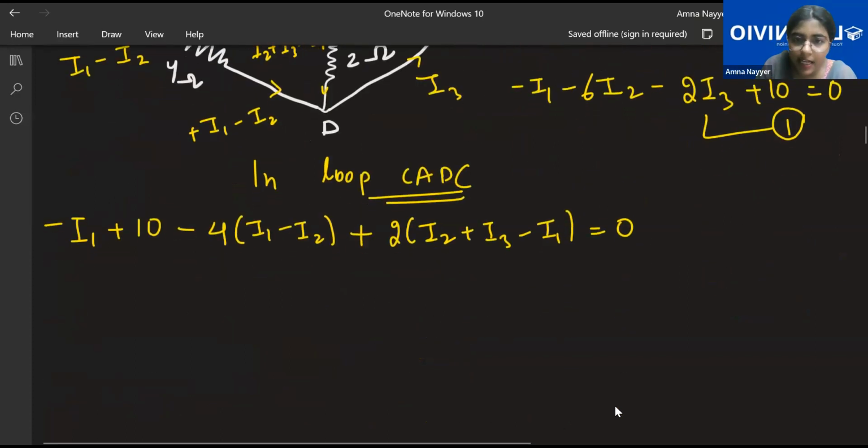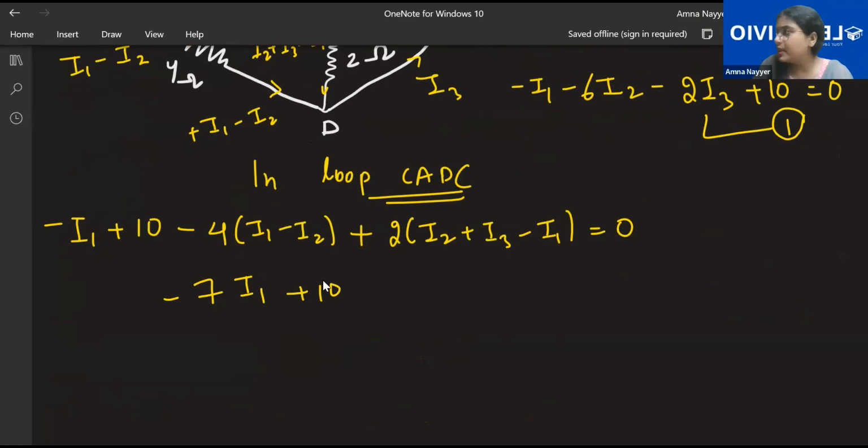Now I am going to simplify this equation only in terms of I1, I2 and I3. This will be minus 7I1: 2, 4, 6, 7. 10 volt as it is, no change in 10 volt.